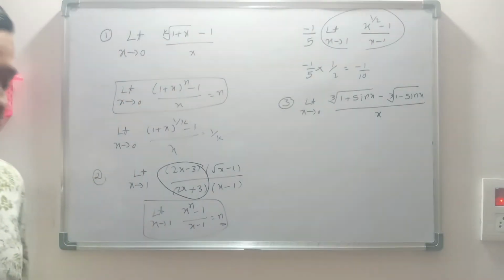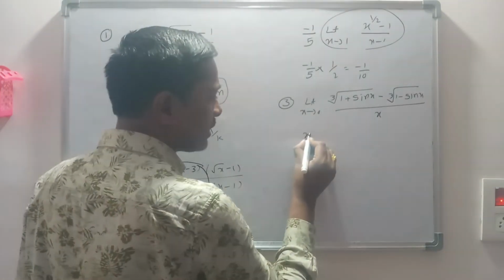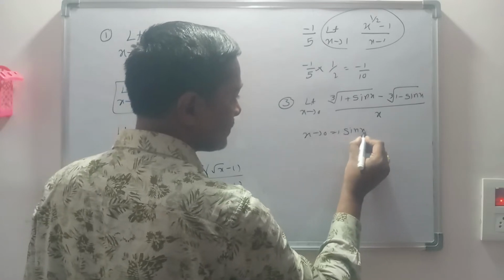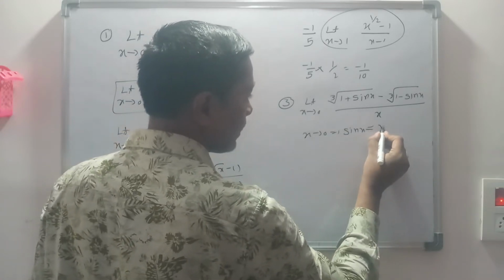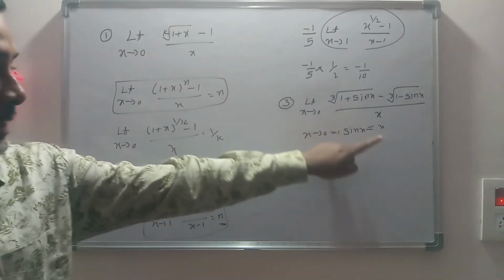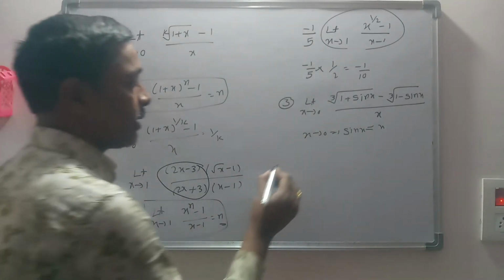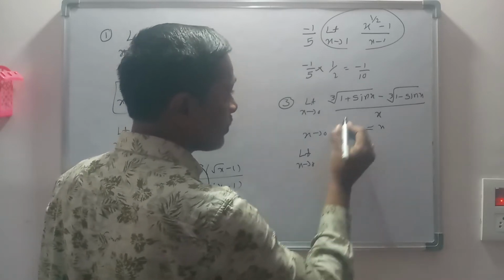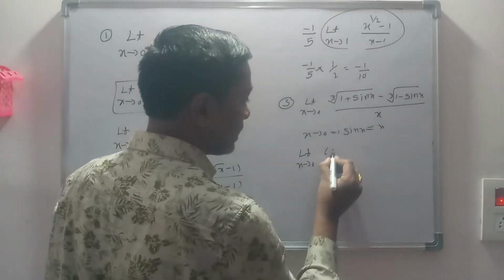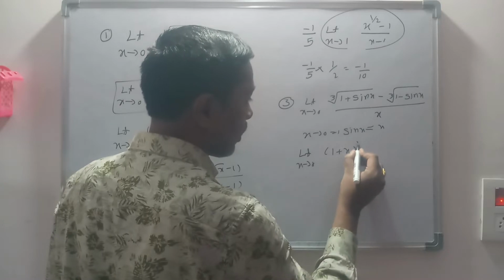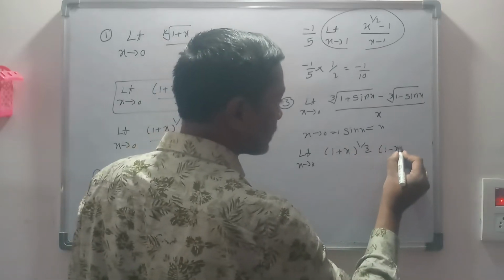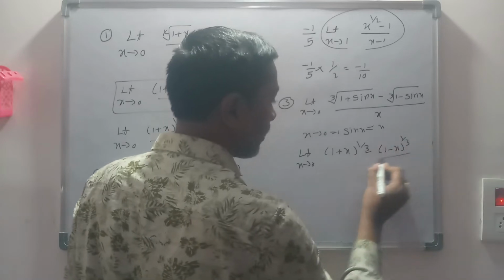When x tends to 0, then sin x is identically x. We can write sin x as x. Limit x tends to 0, this can be written as (1 plus x) whole power 1 by 3 minus (1 minus x) whole power 1 by 3 by x.